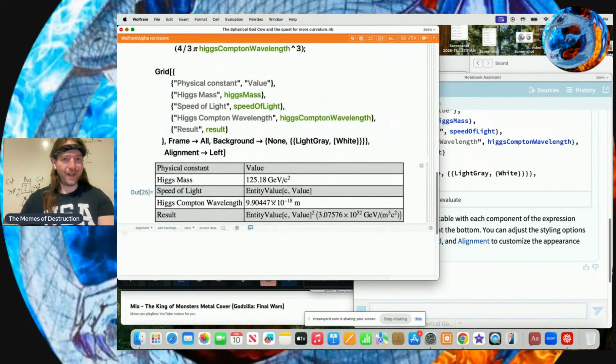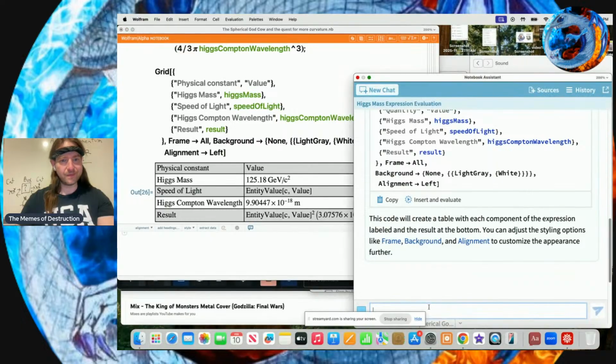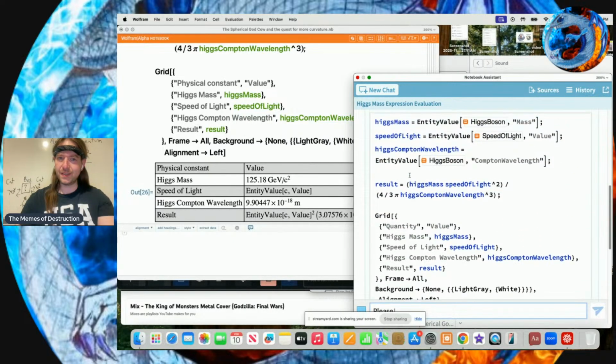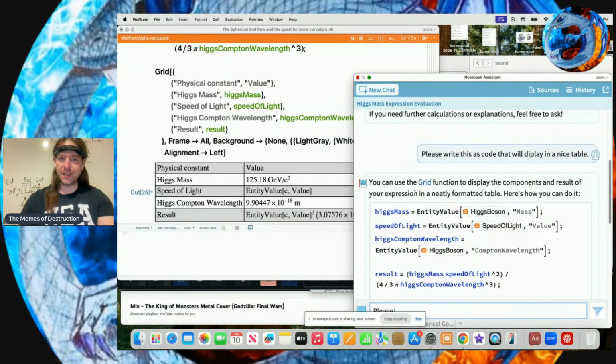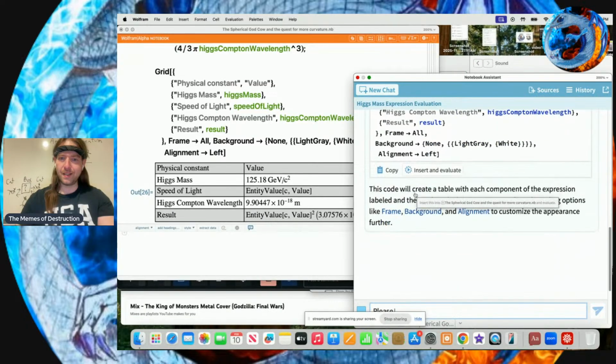All right. So we need some help. Please fix the speed of light so it will properly display.